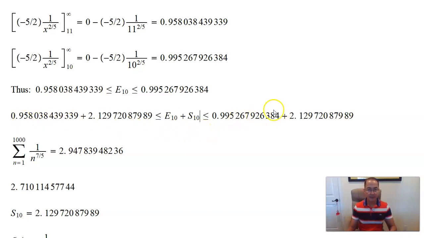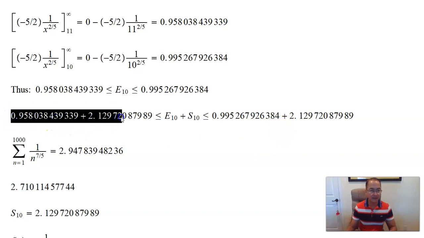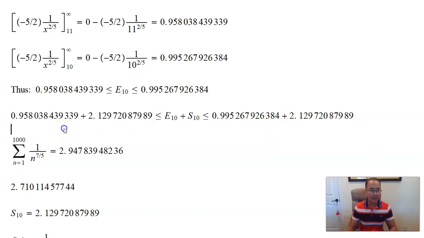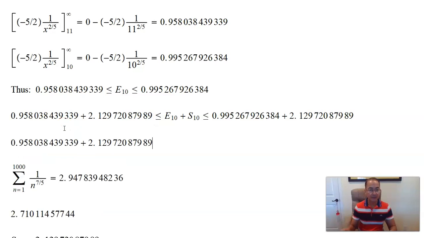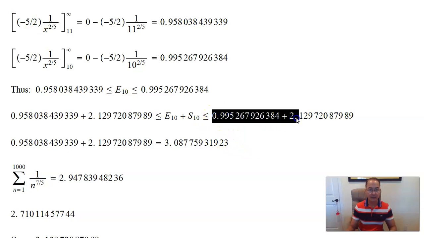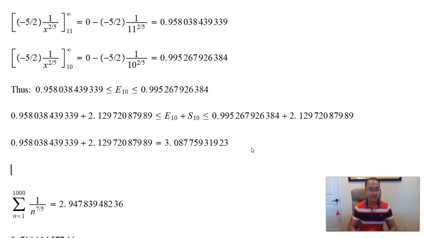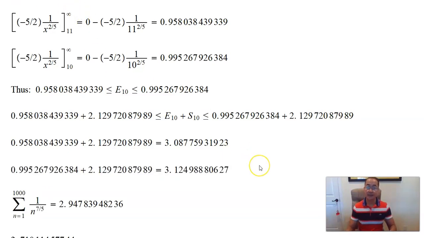I can add these two numbers and these two numbers. All right, so on the left, let me pull that out so that you can see what I'm doing. On the left, we get that as our sum. On the right, we get this as our sum.